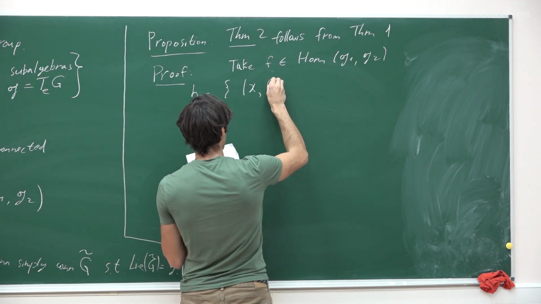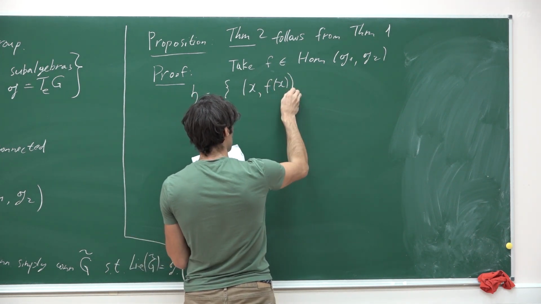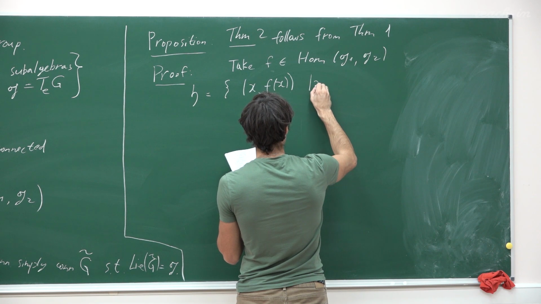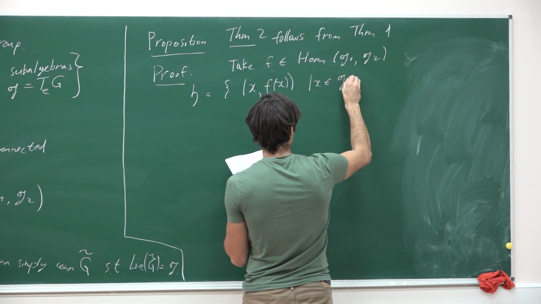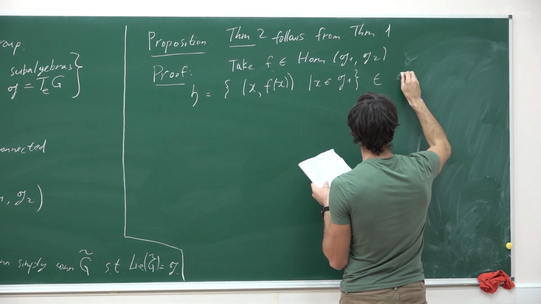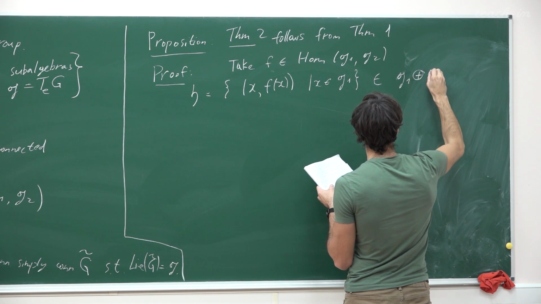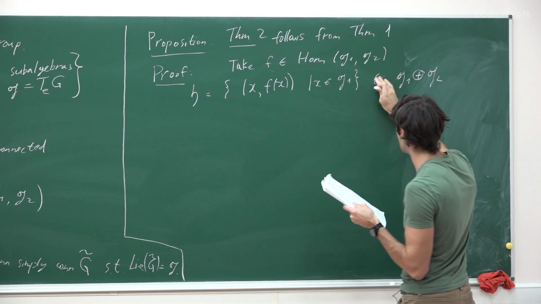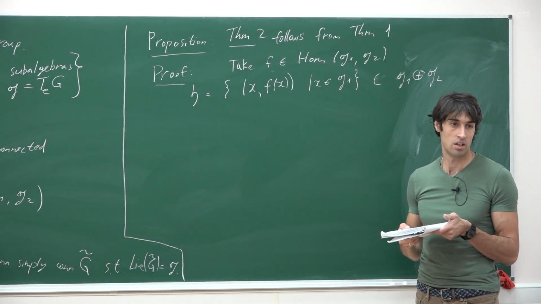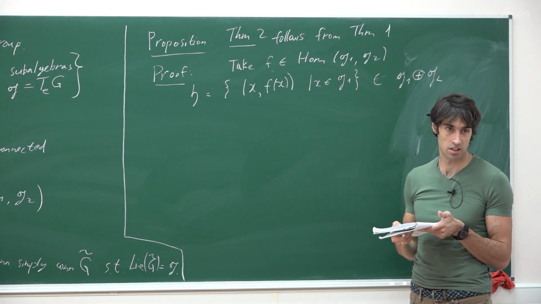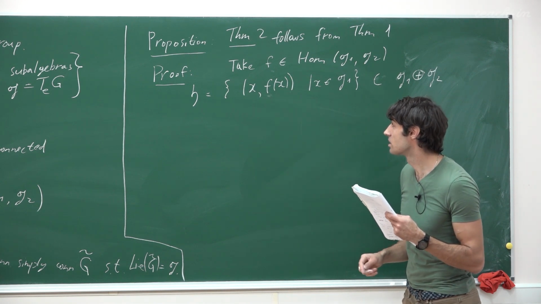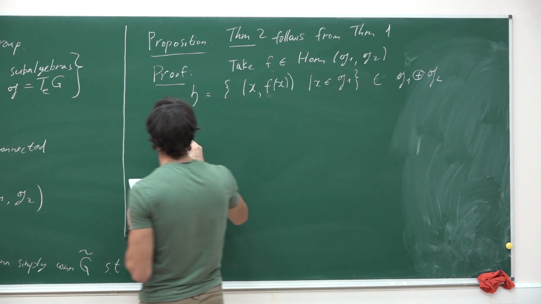So it's a set of all pairs (x, f(x)) where x lives in G1. So this thing is a subset of G1 plus G2. It is also a vector subspace, and it is also a Lie subalgebra, because f is a homomorphism of Lie algebras.